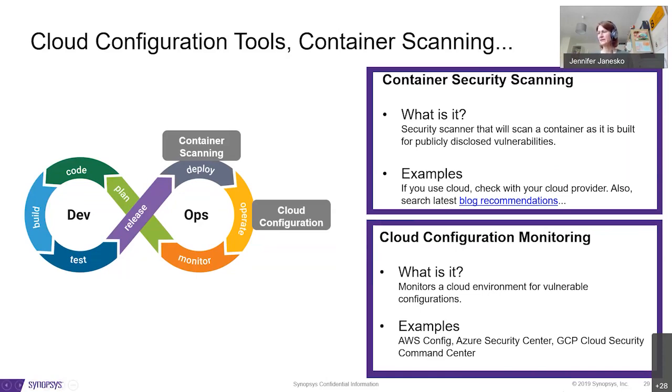Examples of this are AWS Config, Azure Security Center, and GCP Cloud Security Command Center. These all have components that do scanning for weak configurations, and they make recommendations on what you need to do to fix those configurations so that an attacker can't take advantage of a weak configuration. I find these super useful. And if you didn't know about them and you do now, go look at them because they're really cool.